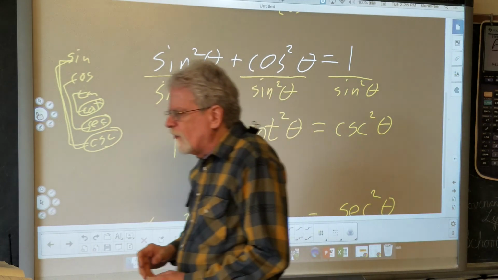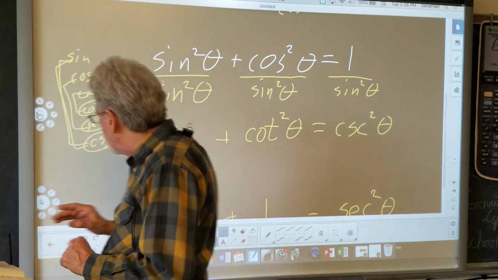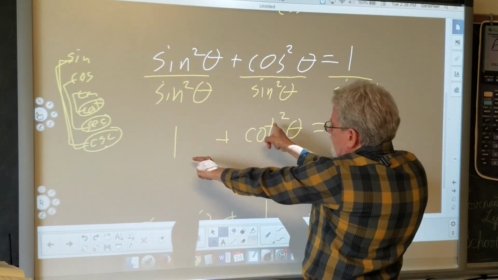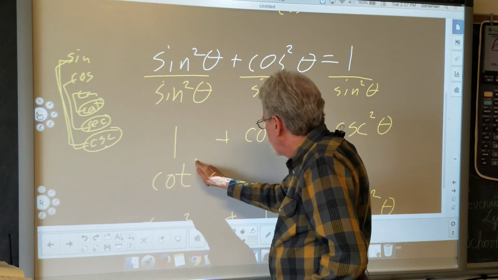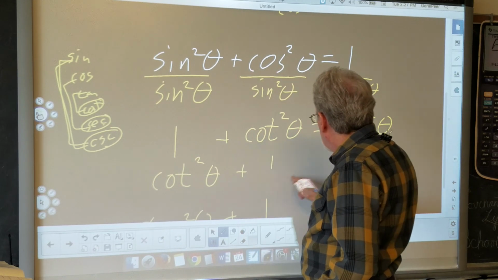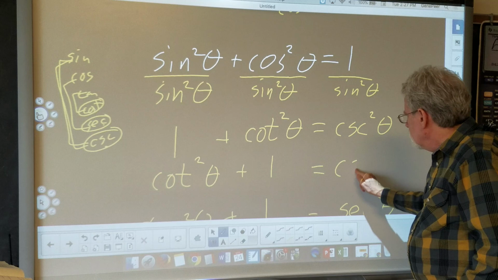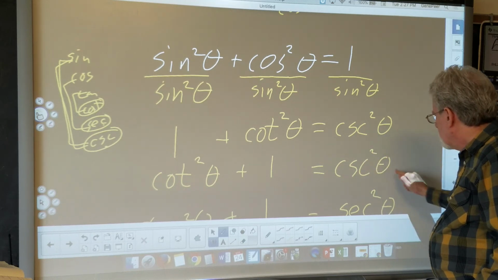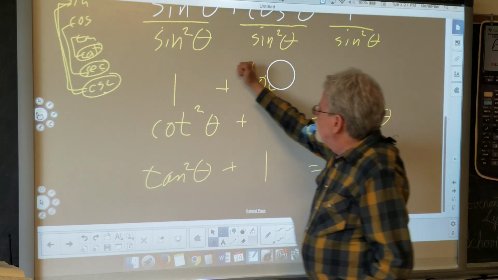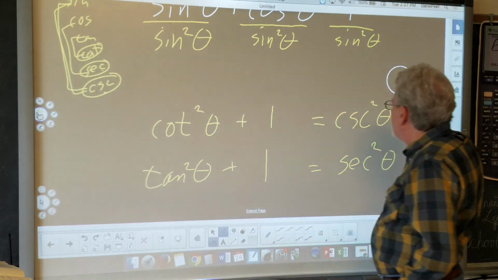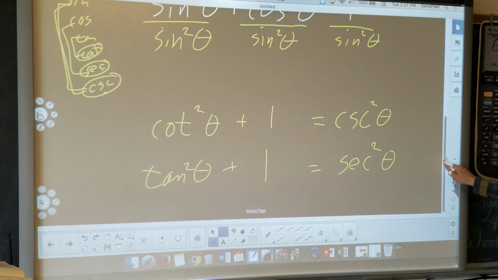Let's do one little trick here to make this easier to remember. Let's flip this around: cotangent squared theta plus 1 equals cosecant squared theta. Now, I told you I was going to give you a way to help you remember these. Here it is.